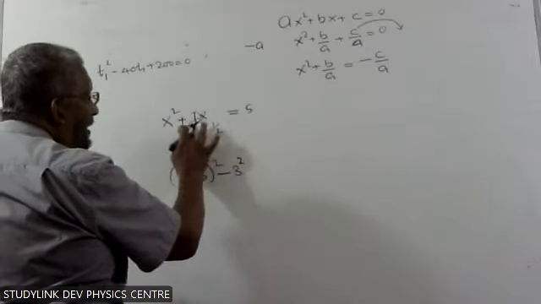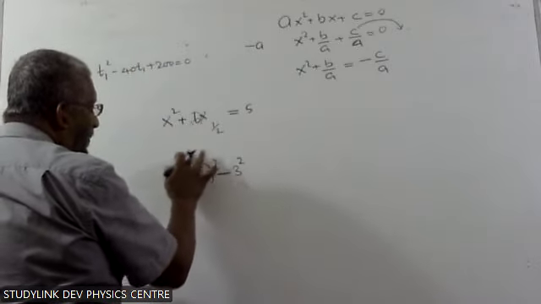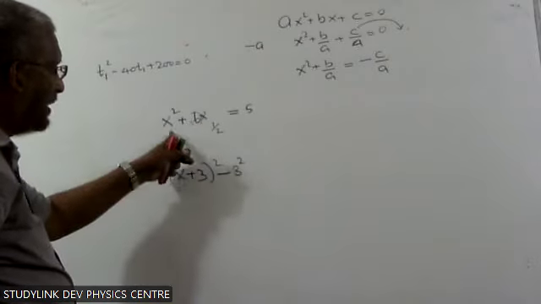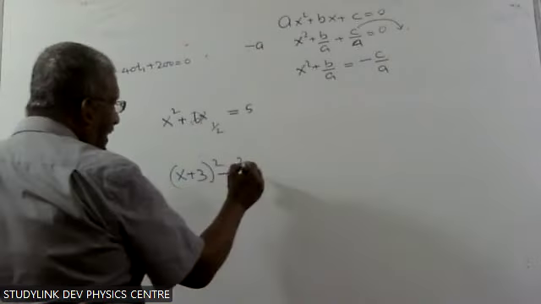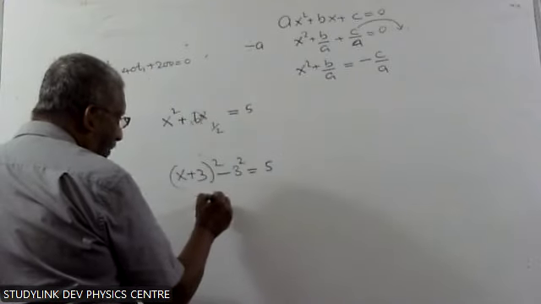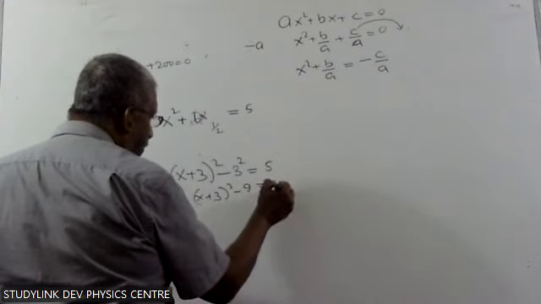We have only 6x. But if you write like that and square, then you get 3 squared as the last one. That is not here, therefore I deducted it. Is equal to 5. Then x plus 3 whole thing squared minus 9 is equal to 5.